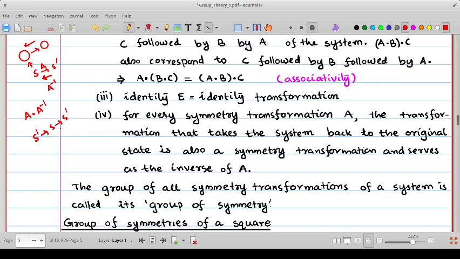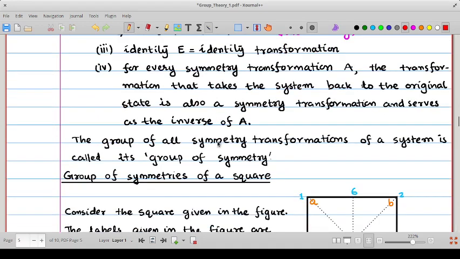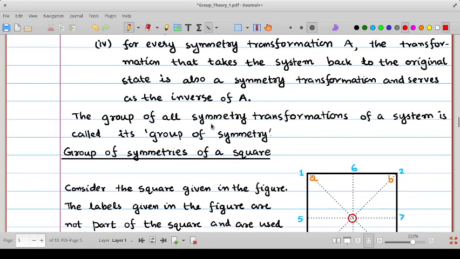So there exists a transformation A inverse which is also a symmetry transformation. Further, the composition of A and A inverse is the identity transformation. And therefore, we see that for every symmetry transformation A, there exists a transformation A inverse, which will be the inverse transformation.